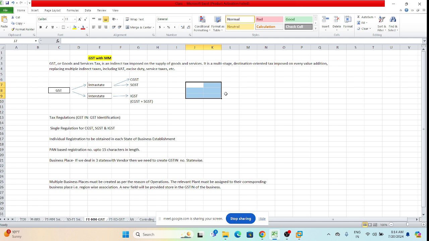In both purchasing and selling transactions, GST will be involved. If it is vendor related, they have to pay the GST, and if it is customer related, they have to collect the GST, which should then be paid further to the government.